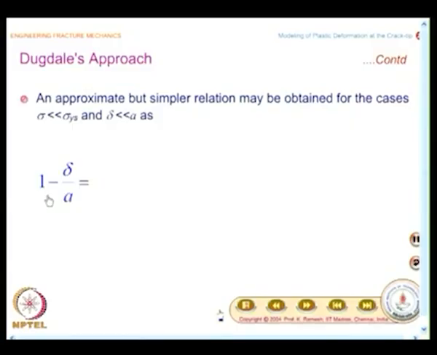So, what you have is 1 minus delta by a equal to 1 minus pi squared sigma squared divided by 8 sigma squared ys.